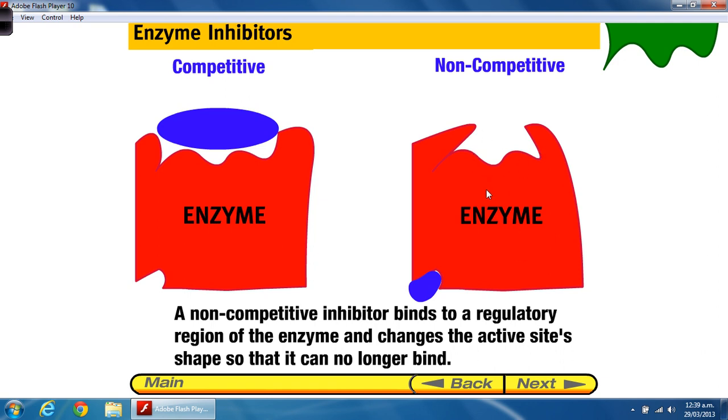The active site is actually technically free, but it's just changed shape, and so the substrate doesn't fit anymore. We also sometimes use the terms reversible or irreversible. So competitive inhibitors bind temporarily to the active site, and non-competitive either bind to a regulatory region or bind to the active site permanently, which is technically a non-competitive form too.